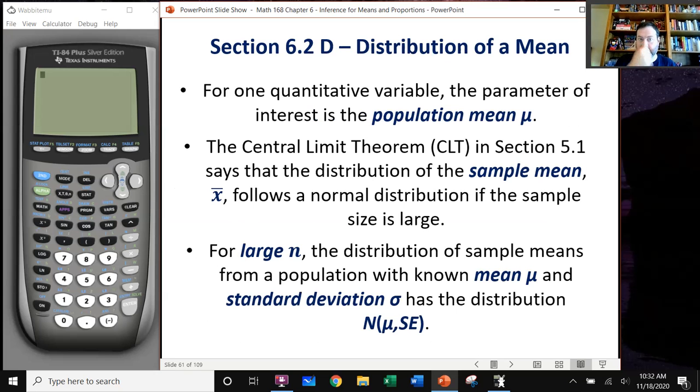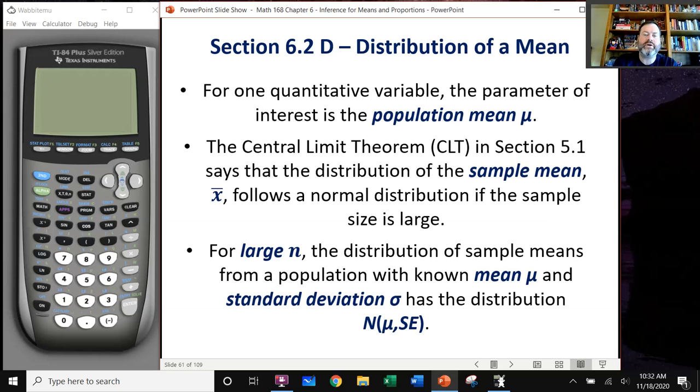First we're going to look at the distribution of sample statistics. When we are looking for a population mean, that's our parameter, so it's mu. The central limit theorem says the distribution of sample means follows a normal distribution if the sample size is large enough.